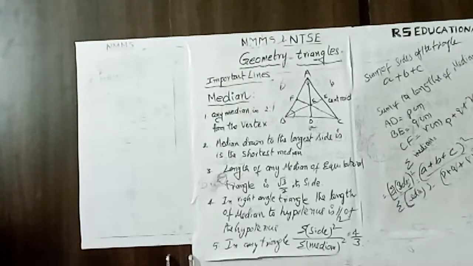That point is called the centroid. The centroid always divides the median in the ratio of 2:1, so AG to GD is 2:1. That is about the medians. Now we go for altitudes.